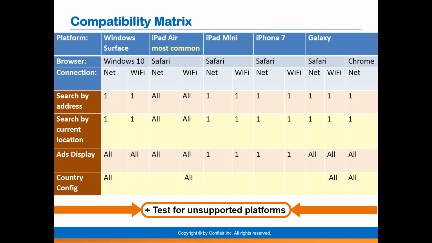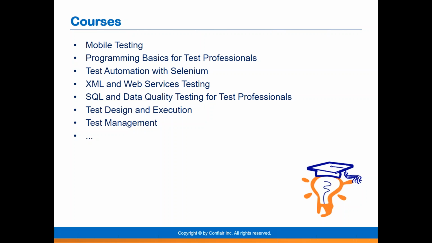I would see which platforms are most sensitive, where the errors are most likely, and prioritize those tests higher, without breaking the bank, without repeating everything everywhere, but rather focusing on where problem spots might be. And of course, I want to test it on unsupported platforms, make sure it doesn't open and gives the user a decent message.